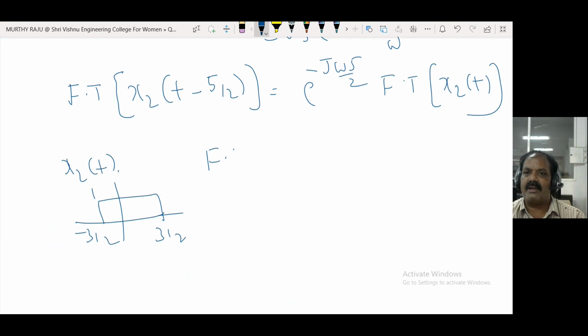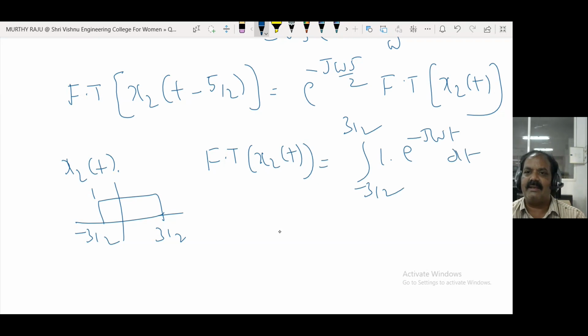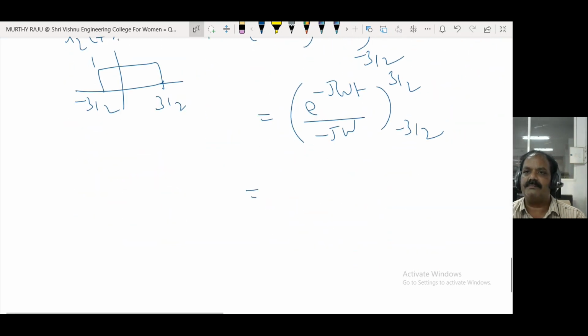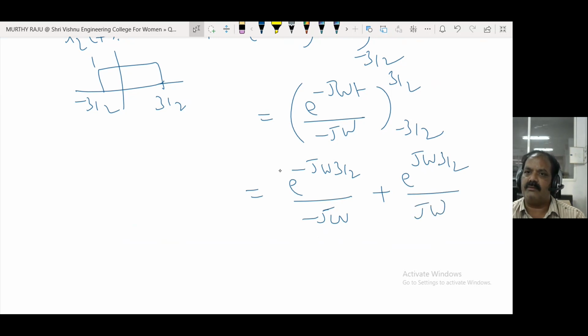Find out the Fourier transform of x2 of t. Integrating from minus 3 by 2 to plus 3 by 2, the value is 1, e power minus j omega t dt. Therefore, e power minus j omega t by minus j omega, from 3 by 2 to minus 3 by 2. This gives e power minus j omega 3 by 2 by minus j omega, plus e power j omega 3 by 2 by j omega.